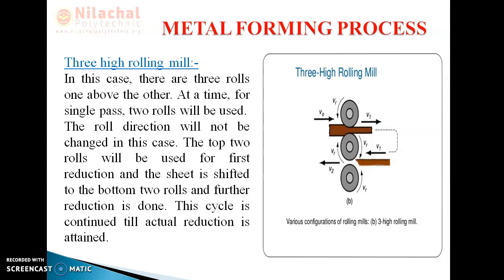So basically the 3 high roll mill is more usable compared to the 2 high roll mill as far as the rate of production is concerned. The 2 high roll mill is only used for rolling of ingots.